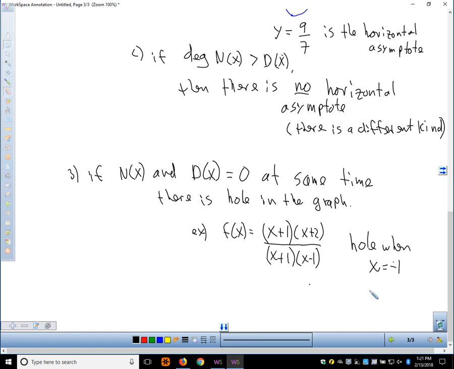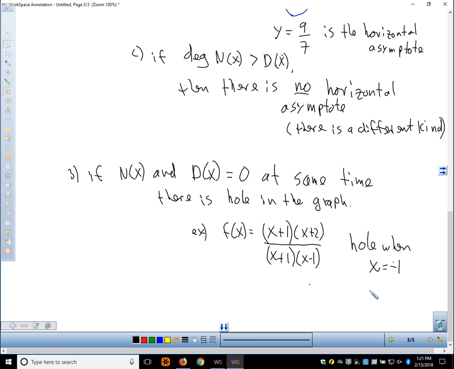Yes? Why isn't that just 0 over 0? It is. So we're saying the function doesn't exist, but it doesn't exist in a special way. 0 over 0 does not necessarily mean infinity. We'll talk about that later on in the year. So this says the graph doesn't exist at that point.